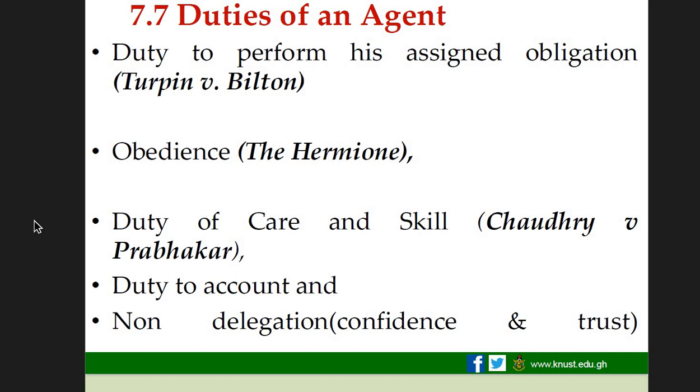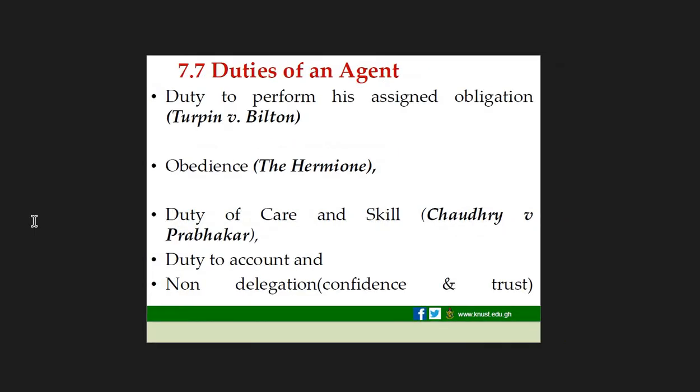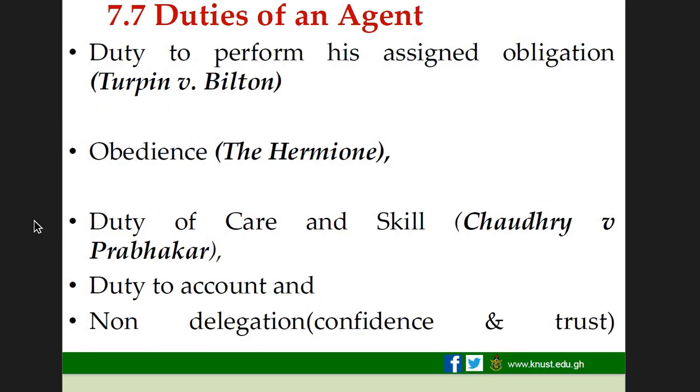So you need to be able to account for it. Then non-delegation, confidence and trust. You don't hand over your duties unless you are told to do so. You have already been taken as an agent, so you don't have any right to delegate your duty.